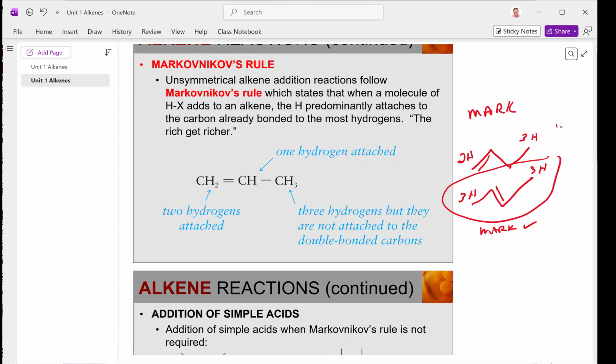That's 5 total. If the double bond is in the middle, we have 3 and 3. It makes it 6. So Markovnikov rules that the bottom one is more stable. Also, the bottom one is more symmetrical than the top one. So both those lead to the one on the bottom being more stable. Circle it. And usually you get something like a 60-40 mix.